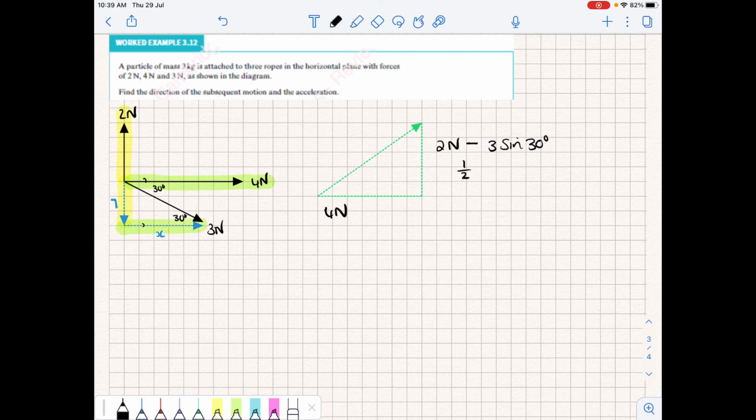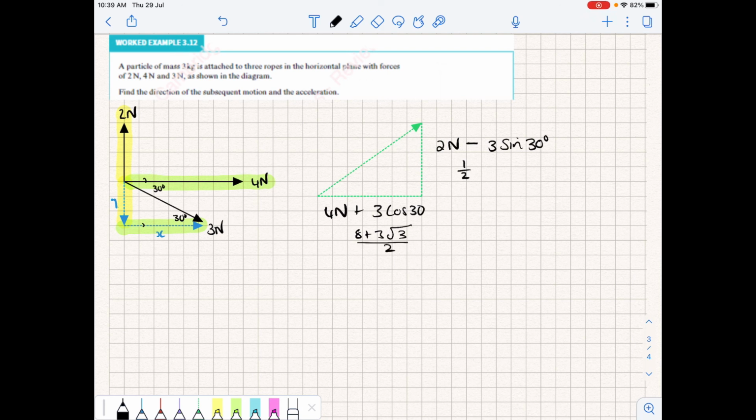That is the adjacent side in my triangle, so it's going to be 3 cos 30 degrees. So we're going to have 4 newtons plus 3 cos 30 degrees. That's going to give me 8 plus 3 root 3 over 2.